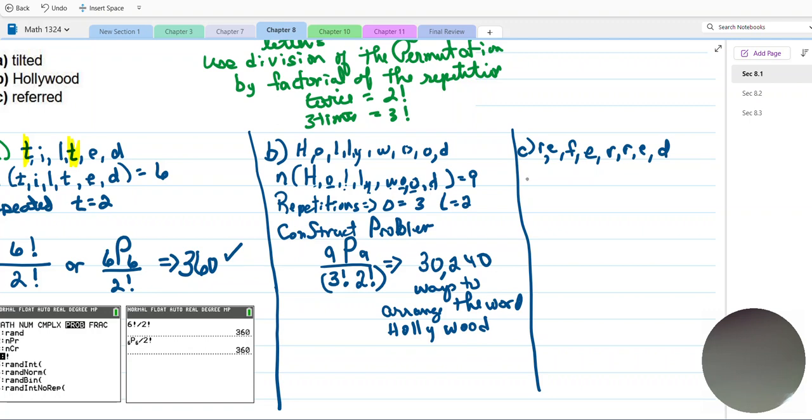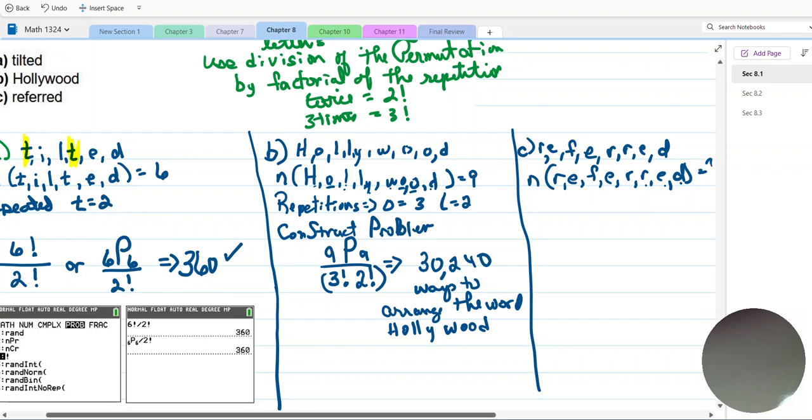R-E-F-E-R-R-E-D. All right, so the cardinality of R-E-F-E-R-R-E-D is 1, 2, 3, 4, 5, 6, 7, 8. All right, repetitions are, okay, so we have an R. 1, 2, 3.